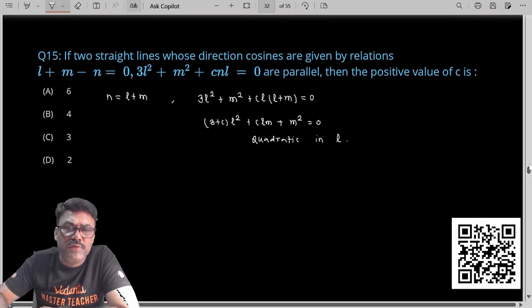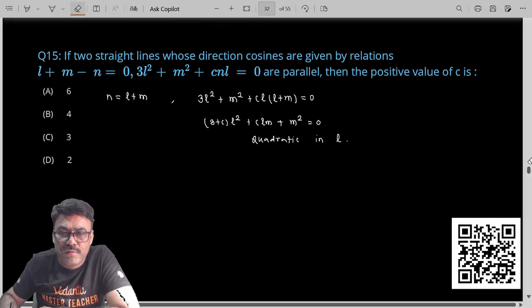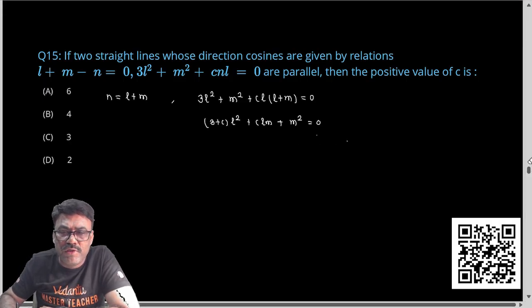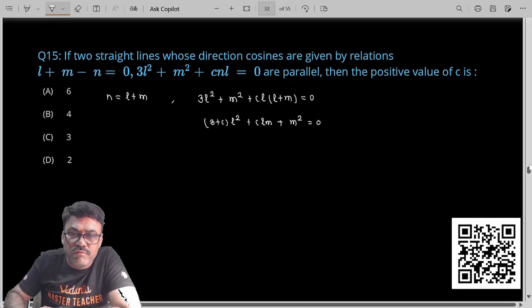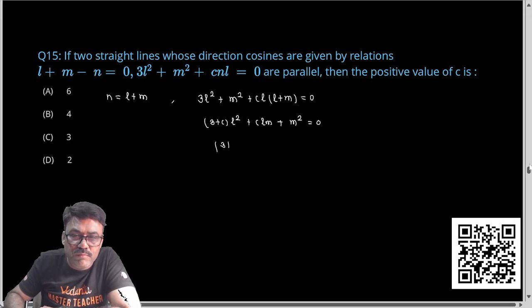Let's divide the whole equation by m square, that will be better. Then it is (3 plus c) times (l by m) whole square, plus c times l by m, plus 1, equal to 0. Now it is a quadratic in l by m.